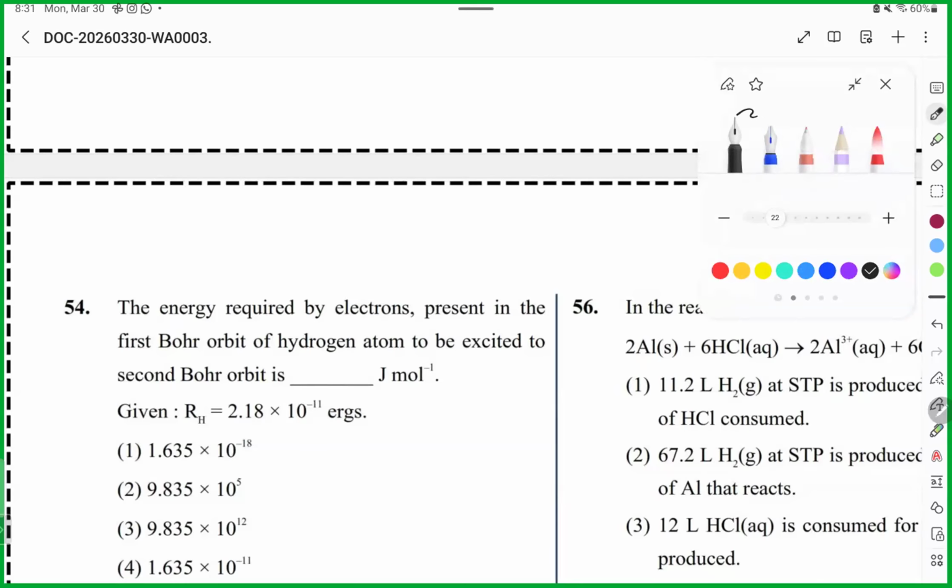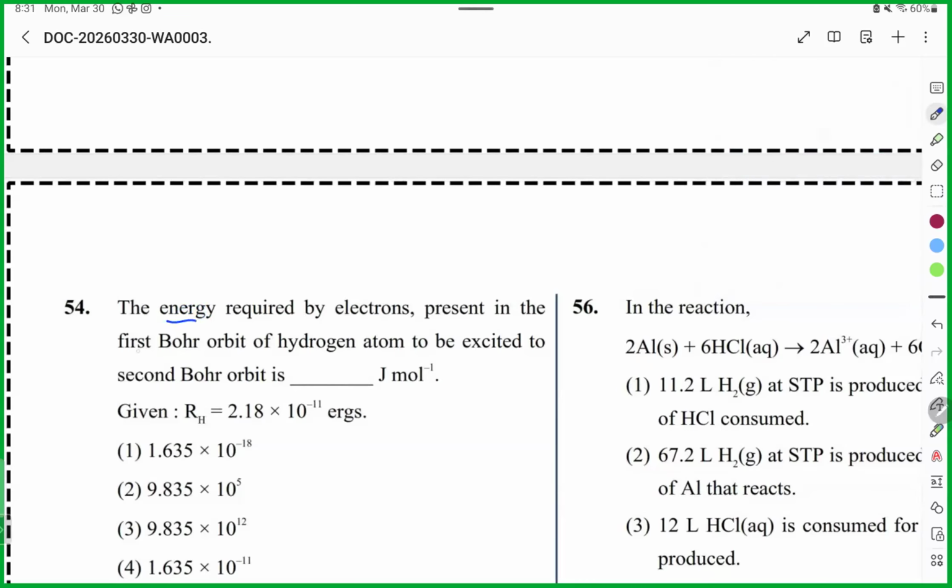Guys, done 54th. Energy required by the electron present in the first Bohr orbit of hydrogen to be excited to the second Bohr orbit of hydrogen. So, you know n1 is equal to 1 and n2 is equal to 2. Correct?